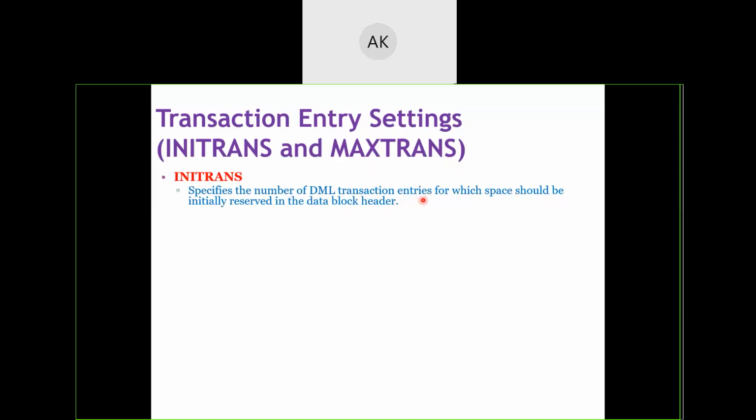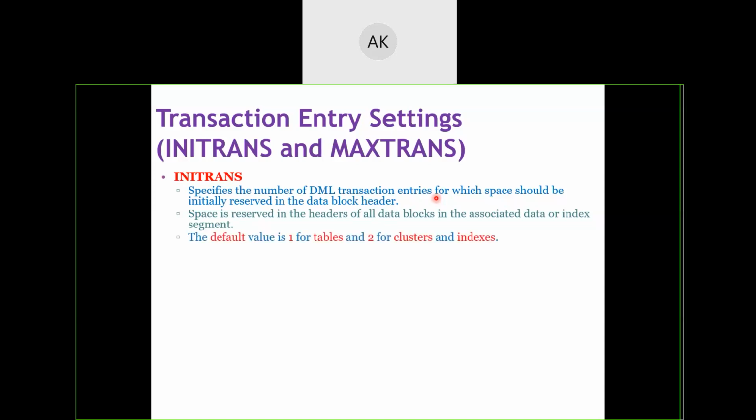Initial transactions which can be performed onto the data that is stored in the percentage used. Okay. So by default, its value is 1 for tables, its value is 2 for clusters and indexes. What do we mean exactly by that? It means how many DML queries can be performed at a given moment of time on that particular data block.